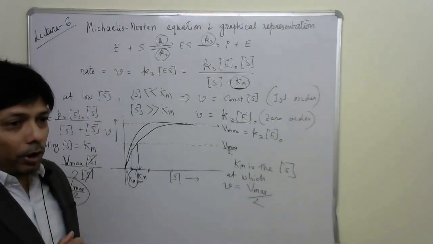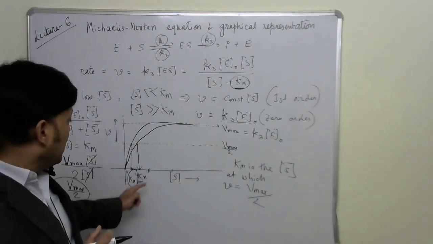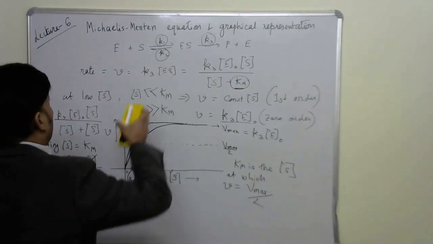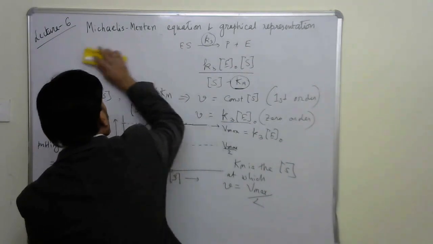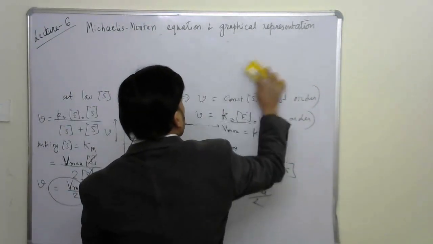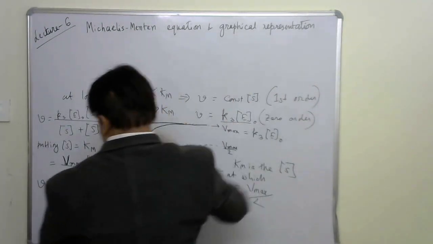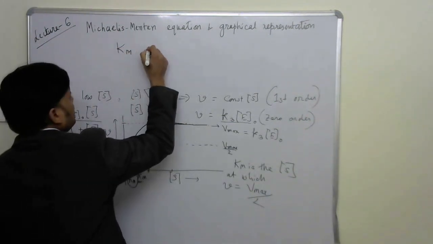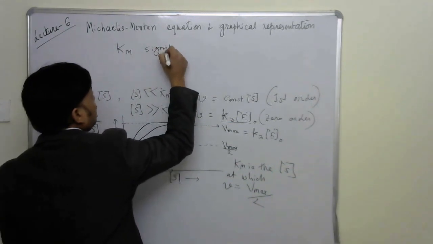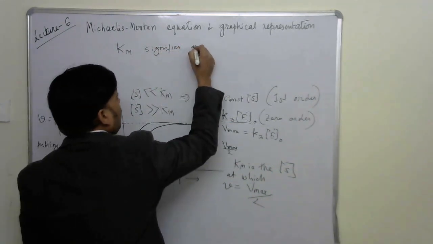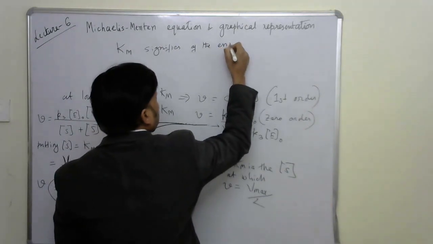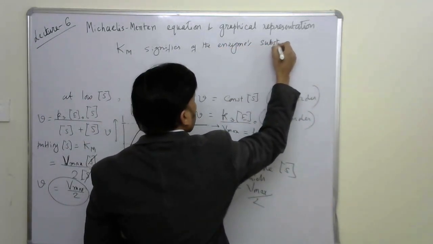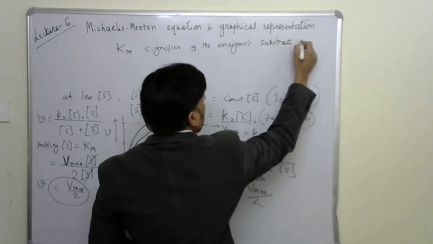And the second point is that Km is a measure of the enzyme's substrate affinity. So I believe that it would be better if I write that statement over here, that Km signifies, or Km is a measure of the enzyme's affinity for the substrate.